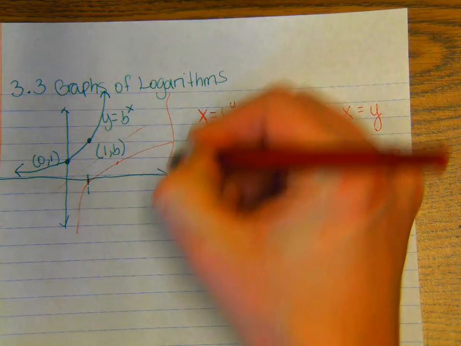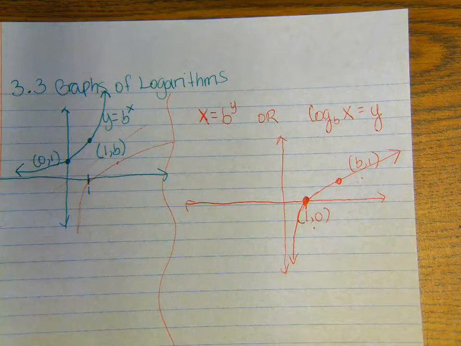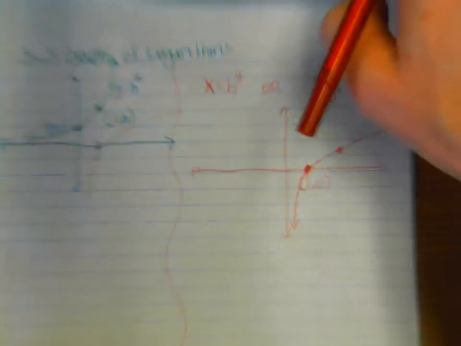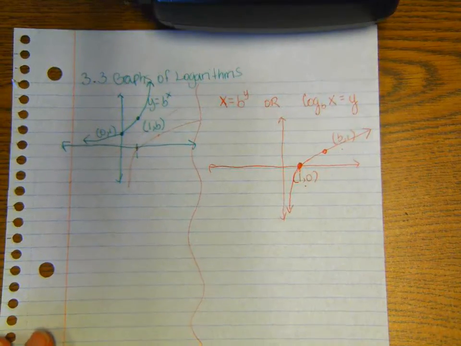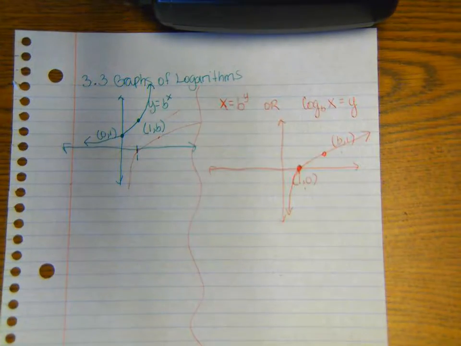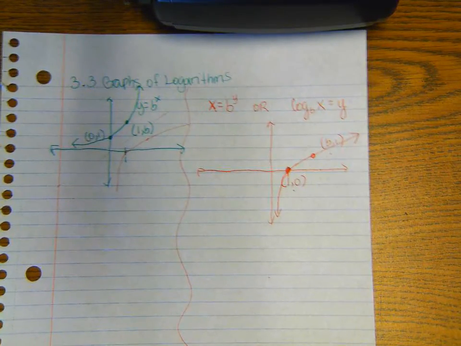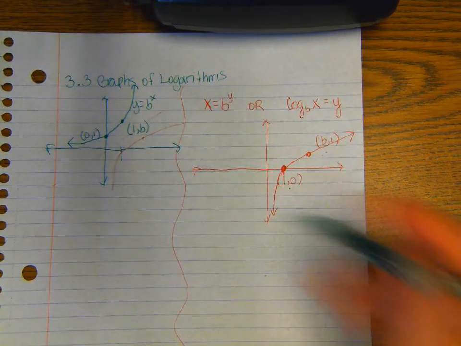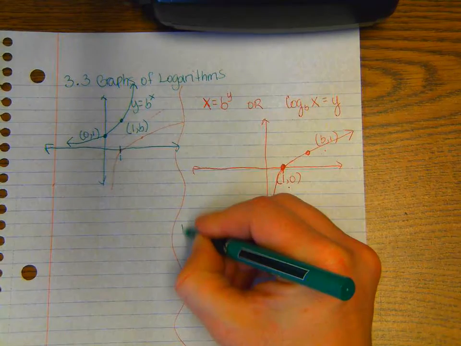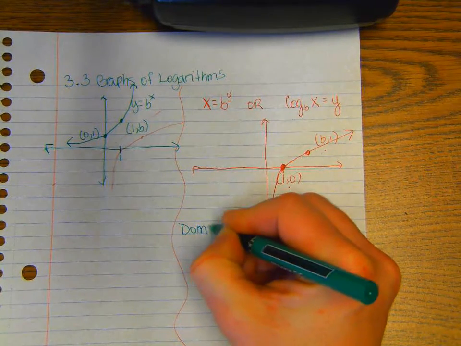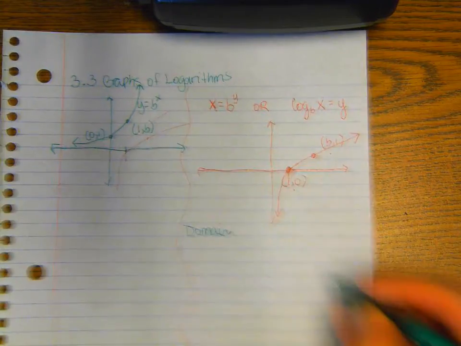Okay. All right, so if we're taking a look at logarithm graphs, this is where we're focusing today. What do you think the domain is? What does it look like? Zero to infinity?